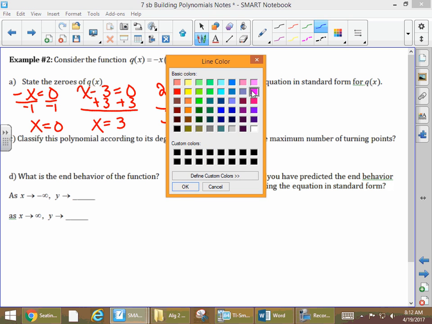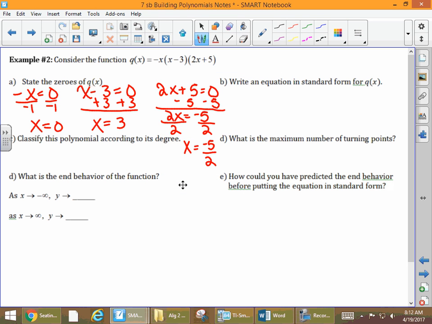To write the equation in standard form, we're going to multiply this together. What I'm going to recommend is that you FOIL the two binomials together first, and then multiply by negative x in the end. It's not the only way to do the problem, but sometimes people make a mistake because they think that negative x needs to be distributed to the first parentheses and the second parentheses.